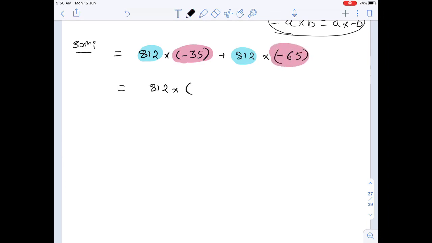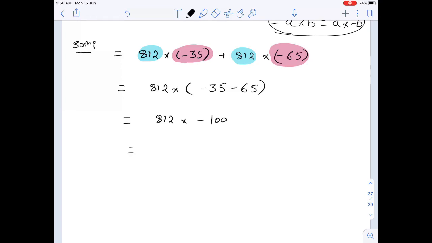I am writing it here: minus 35 minus 65 equals to 812 into, now these both numbers have the same sign, that is the negative sign. So what will happen? Addition of numbers. So 35 plus 65 is 100, and the sign of the greater number is minus, so we'll copy this minus over here.